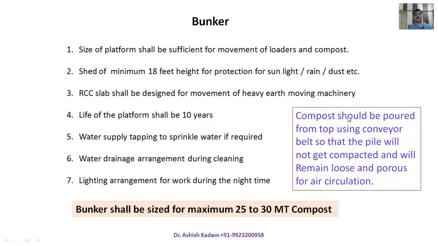Every gram of the 25 or 30 metric ton will be the same. You can take any sample and it will be like any other sample. That kind of confidence we need to build into the processes. Otherwise your crop will not get uniform quality of the compost, and then you will have uneven yield in the bed.